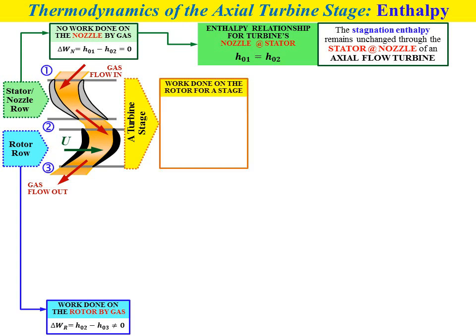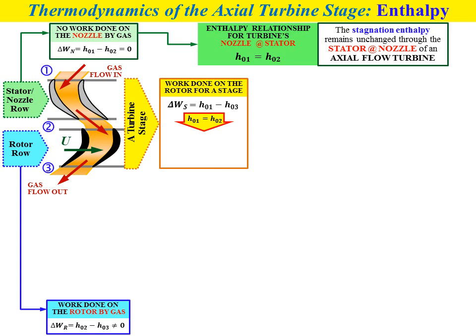For the work done on the rotor for a stage, we have this formula: delta Ws for the turbine stage is equal to the stagnation enthalpy difference H01 at the inlet of the stage minus H03 at the outlet of the stage.